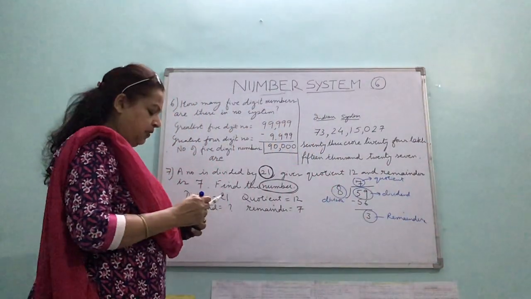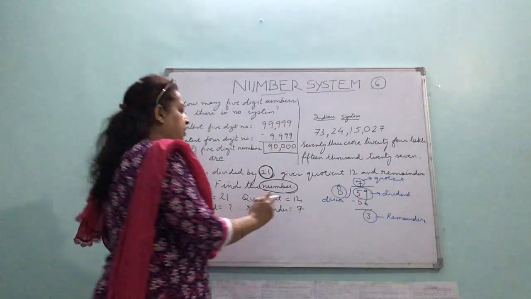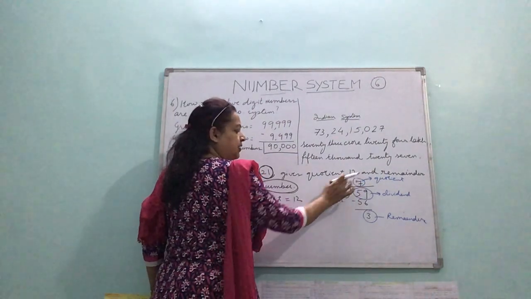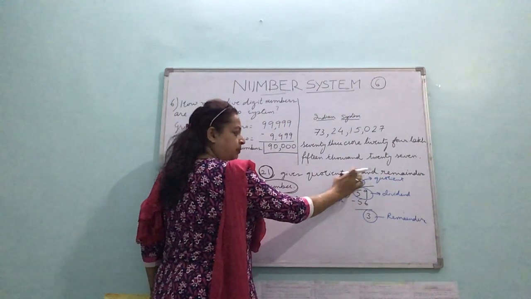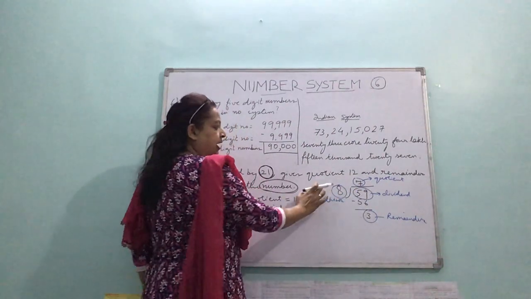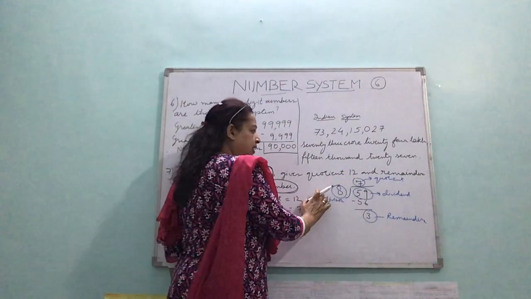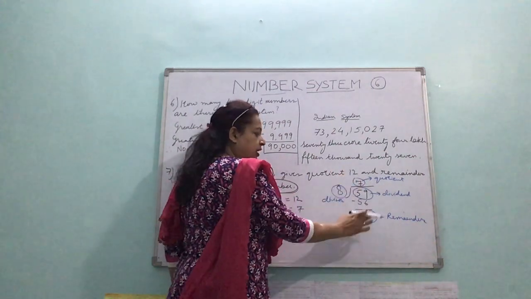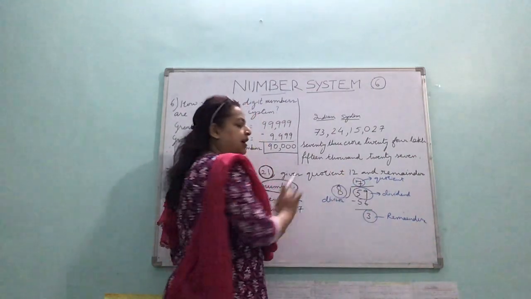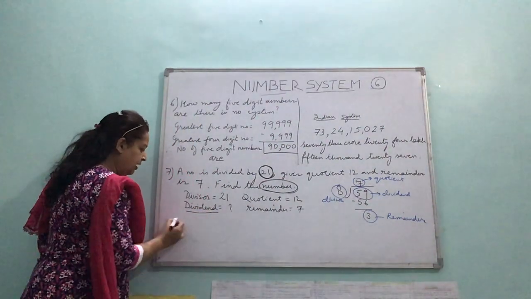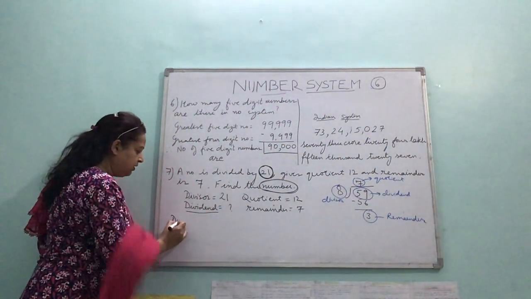Alright. So that means 8 into 7 plus the remainder, divisor into quotient plus the remainder gives the dividend. This is the relationship.